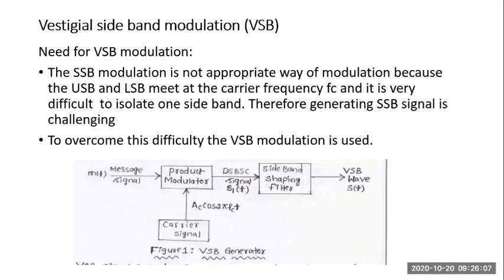So in the bandpass filter, I'm going to allow a small portion of the unwanted sideband along with the complete required sideband. And this would be very helpful in case of such messages where you have important, significant low frequency content like images, videos, and so on.